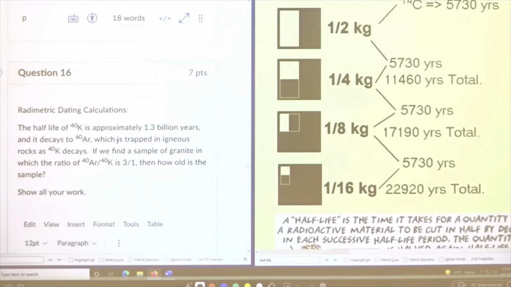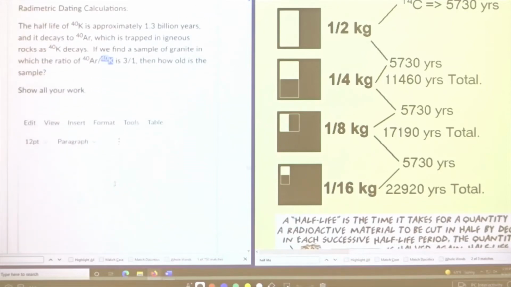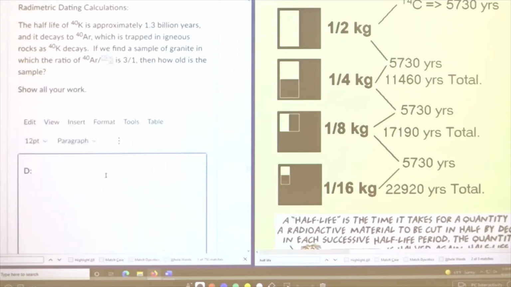If we find a sample of granite in which the ratio of argon-40 to potassium-40 is 3 to 1, remember, that's the daughter, and this is the parent. So the daughter to parent ratio is 3 to 1. Well, what does that tell us?